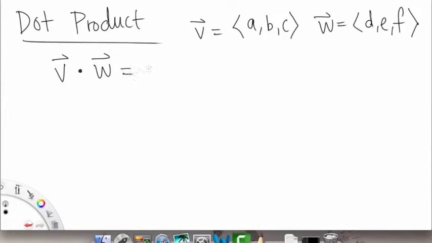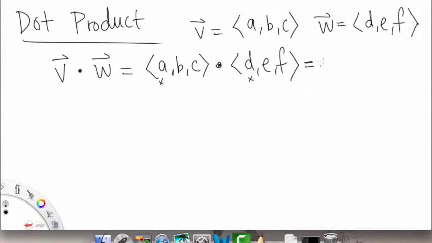So when you dot two vectors, this is what happens. You have your a, b, c for the v, and then you dot it with d, e, f. What this operation does is take the corresponding components: the x components are multiplied together, so a times d, and then we add the product of the y components, b times e, and finally add on the z components multiplied together, c times f.